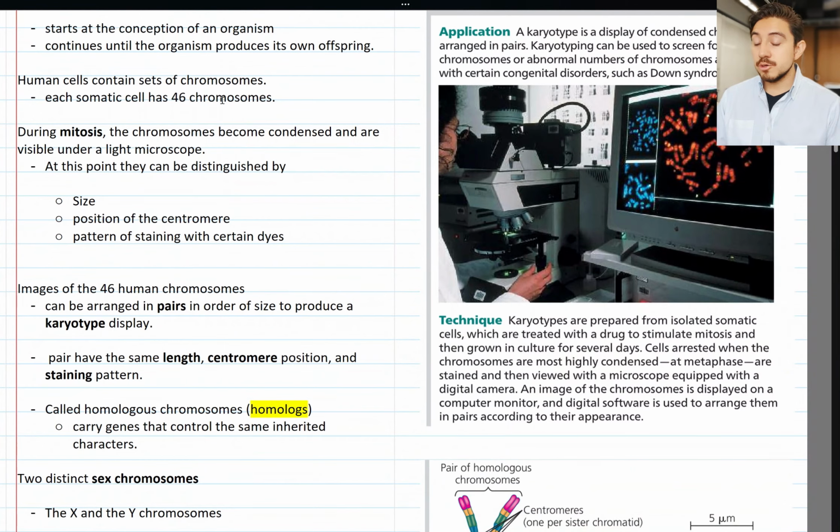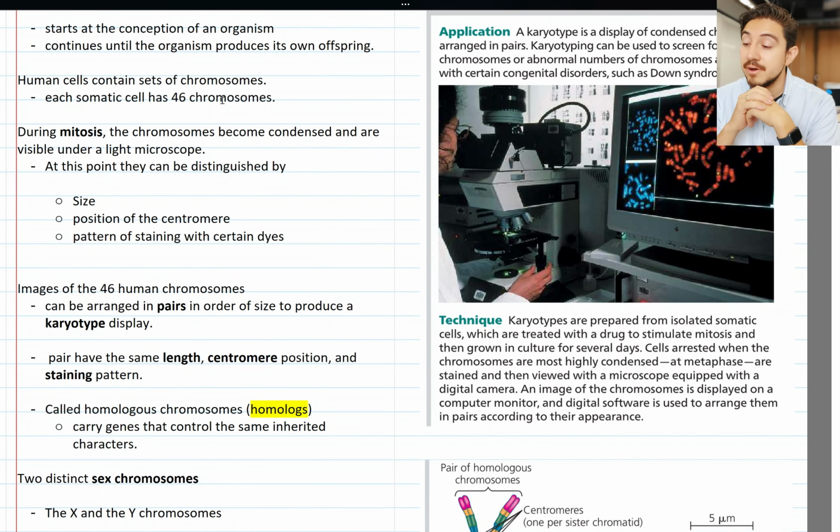As you're conceived and you have that new single cell that contains information from the mother and father, what happens? You start to undergo mitosis, which you know already is a form of cell division where you are creating diploid cells from diploid cells. Every new cell will have its set of 46 chromosomes, and so forth.